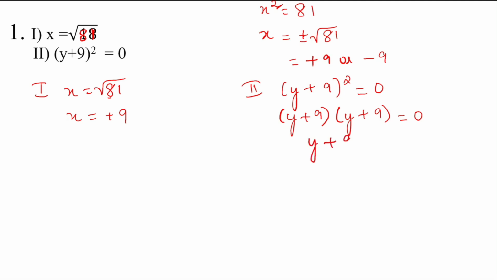So y plus 9 is equal to 0. Therefore y is equal to minus 9, as plus 9 goes to this side and becomes minus 9. So x we got as plus 9 and y is minus 9. Therefore plus 9 is greater than minus 9, so x is greater than y. The relation between x and y is x is greater than y.